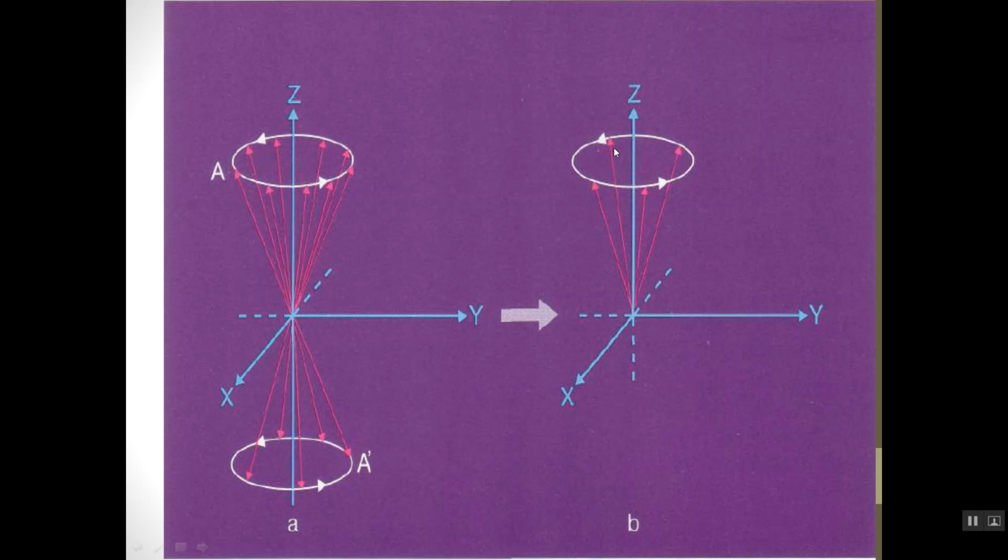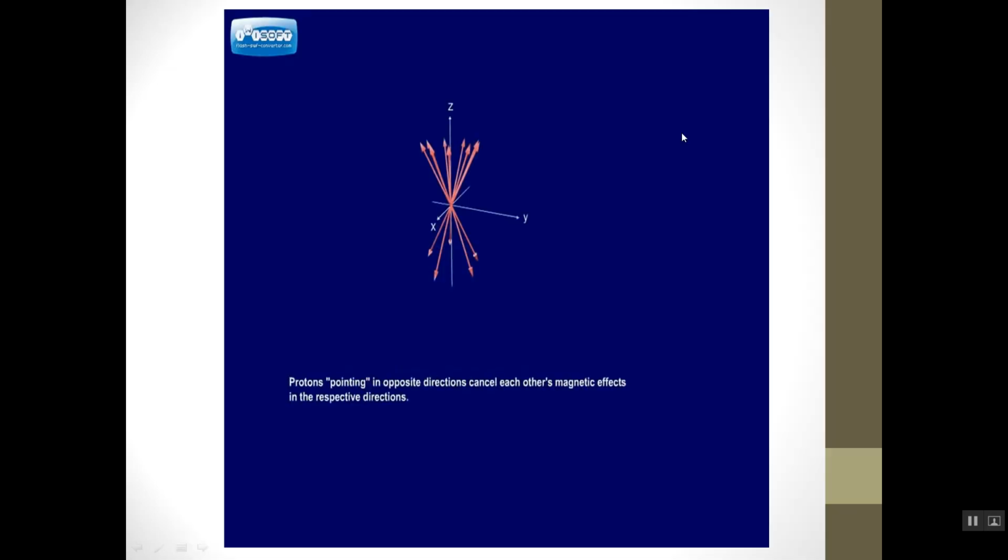So finally I'll find some protons aligned up with the main line of magnetic field in the z direction. For these protons in a certain direction, I'll find another proton in the other direction. Two opposite forces neglect each other.